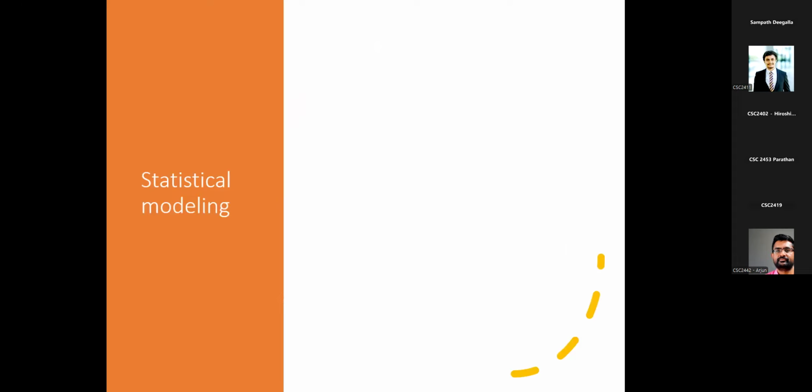So in 1R, we had a single level decision tree. In trees, we have a tree structure. In rule sets, we have rules. And in the previous one, nearest neighbor, we used the instances themselves. In statistical modeling, we have a set of probabilities. Let's see how probabilities calculated from the data set can be used to make predictions.